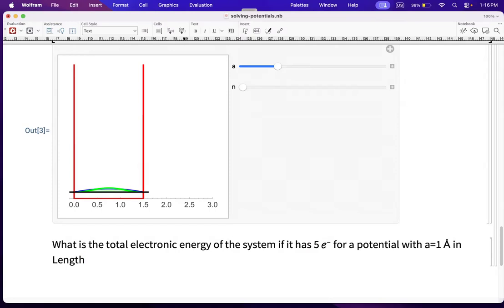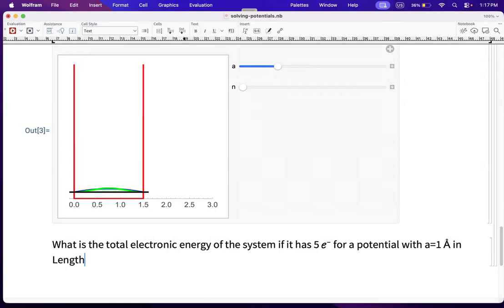So, based on this, could you please tell me what is the total energy of the system? What is total energy? Multiply by 5.